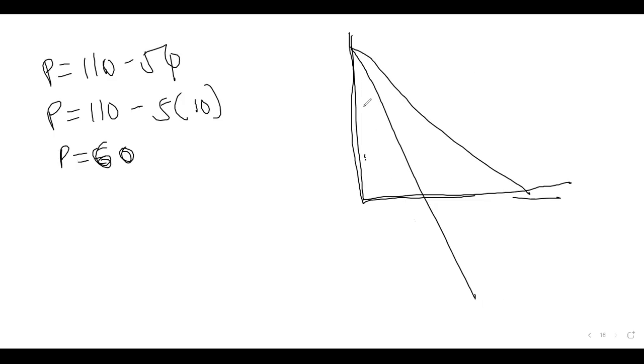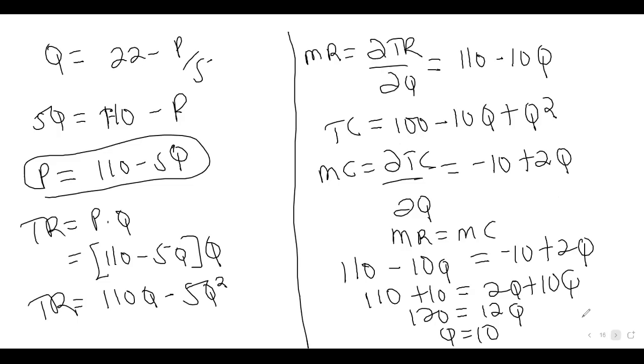Let me bring my marginal cost somewhere here. So marginal cost is here, and the equilibrium output here is 10.